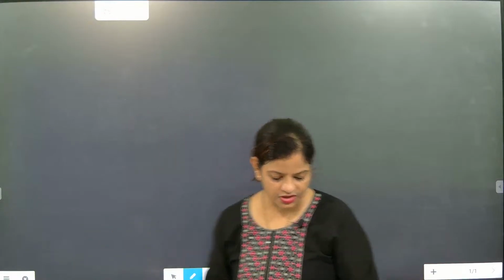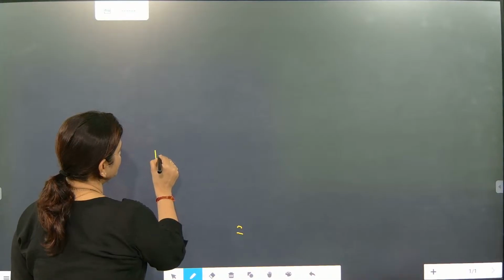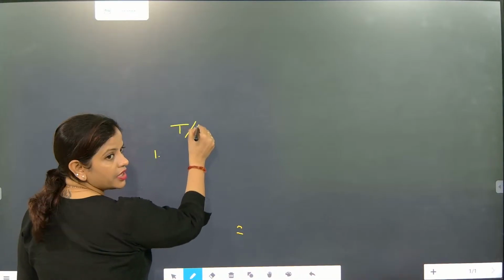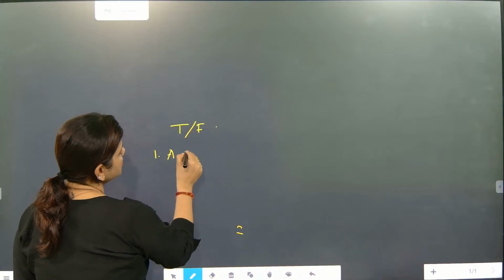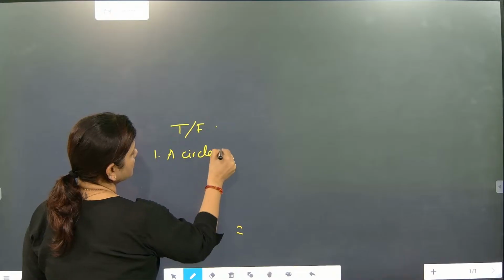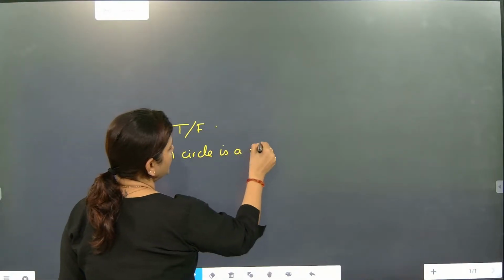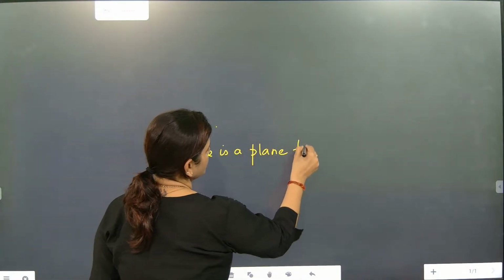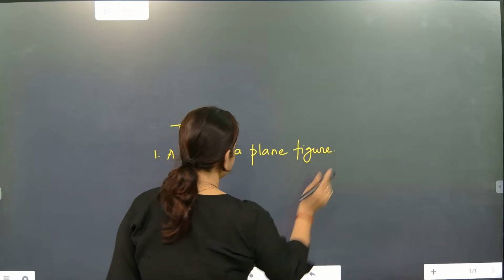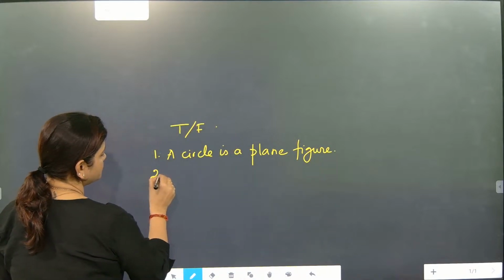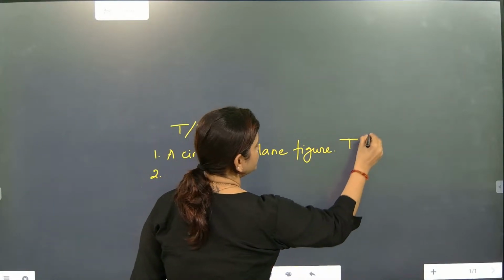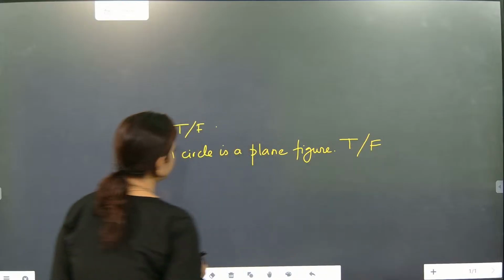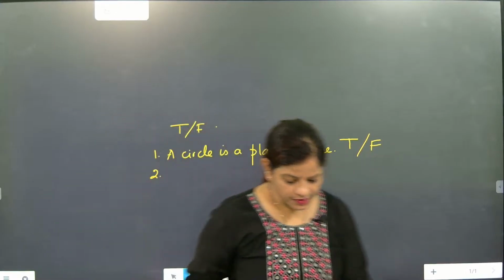Now beta, first question, true or false? A circle is a plane figure. Don't say the answer right now. Is it a true statement or a false statement? Next question.